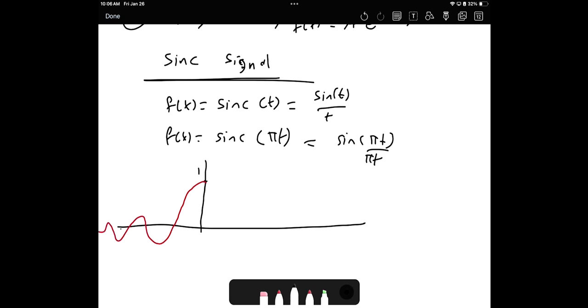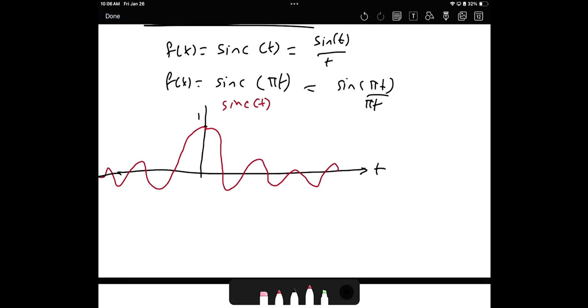So it is decaying with time, and it is symmetrical, like this. So here is t, here is sinc of t. Or if we want to plot sinc of pi t, this should be the same thing.